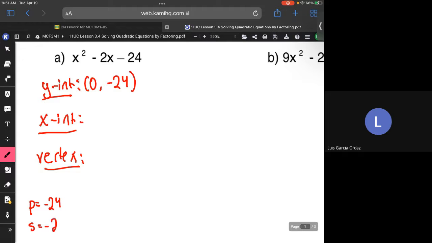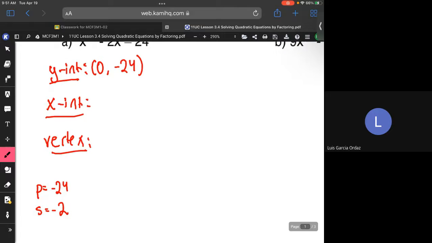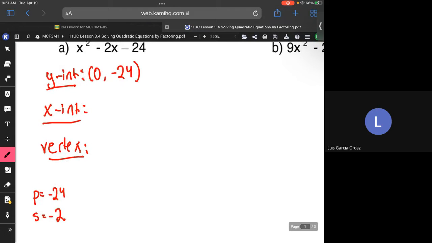Okay, so two numbers that multiply to negative 24 and add up to negative 2, which is what? Olivia? So 6 times negative 4 gives me negative 24, which is good.